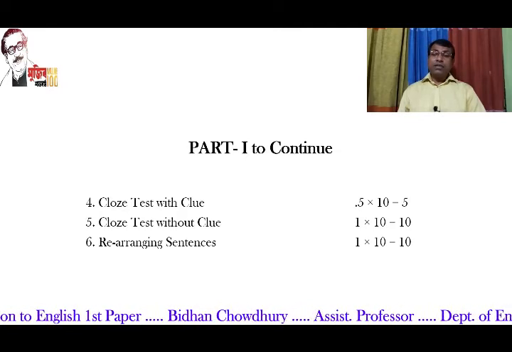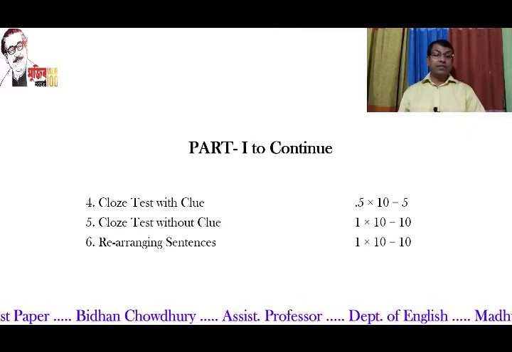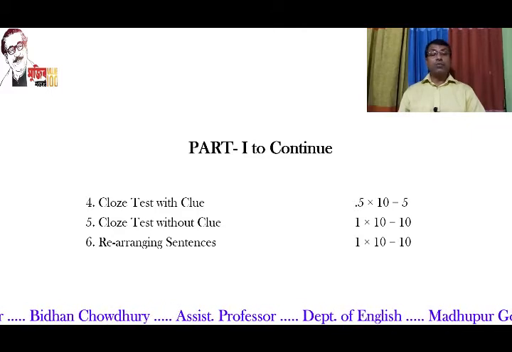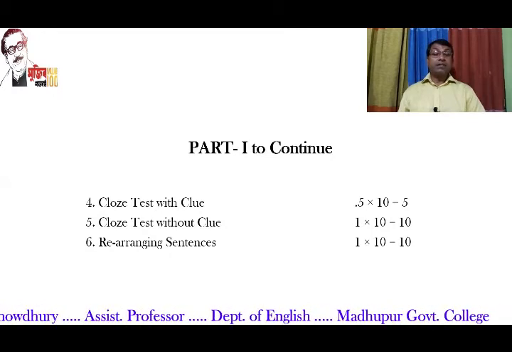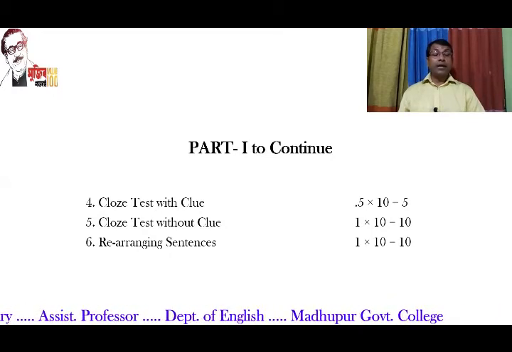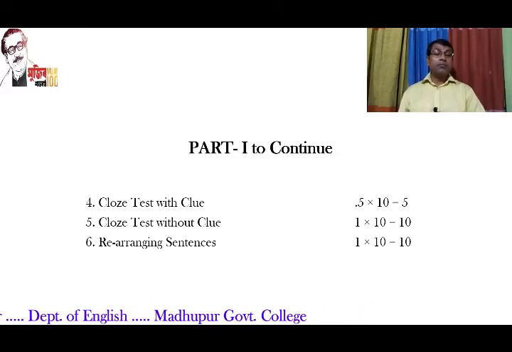And dear students, in question number 6, you will have rearranging of sentences. 10 sentences will be given in the question paper, and these sentences are not properly arranged. And you students will rearrange these sentences maintaining proper sequence. And for this question, you will have 10 more marks.